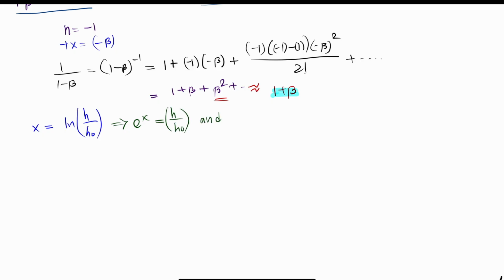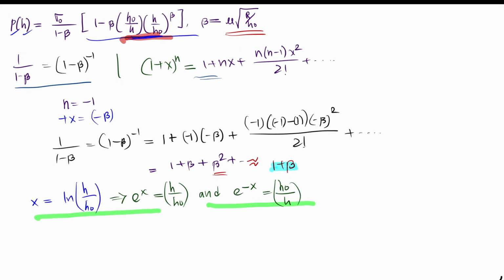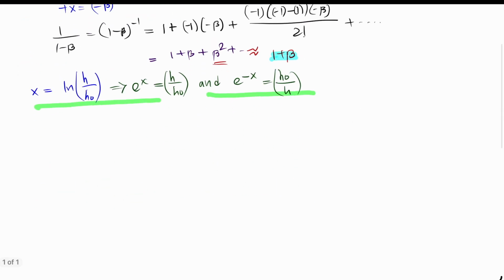And if I invert this, I am going to get e raised to minus x equals h naught over h. By using this relation, I can insert it here and modify this.